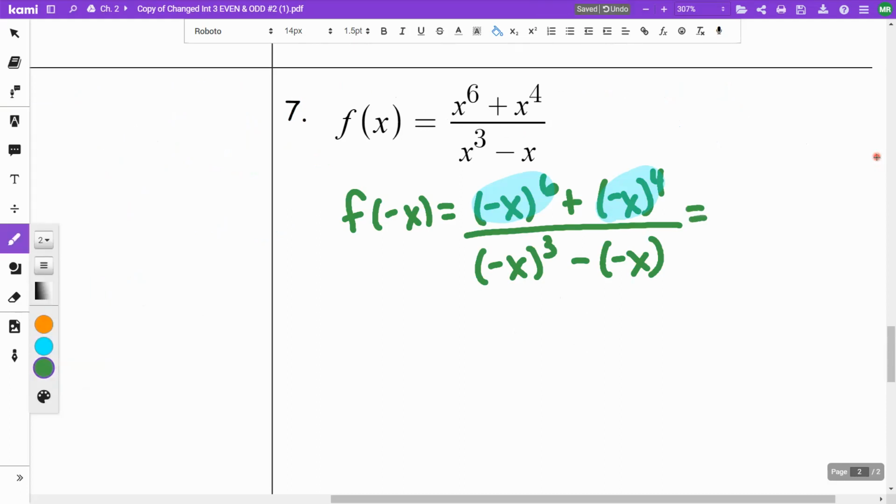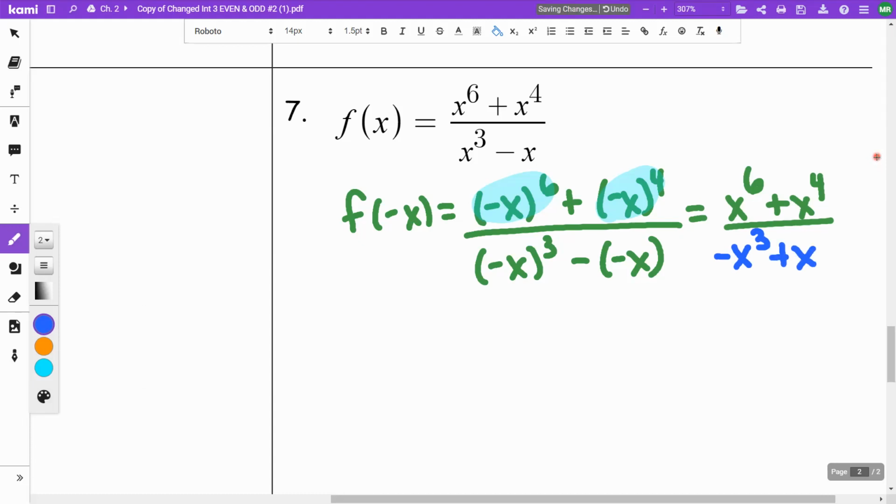So that's going to give me x to the 6th plus x to the 4th. Right now at this point, I've got the same. Now, when I do the opposite, I have a negative raised to an odd power. That's going to be a negative x cubed, and a negative times a negative is a positive.